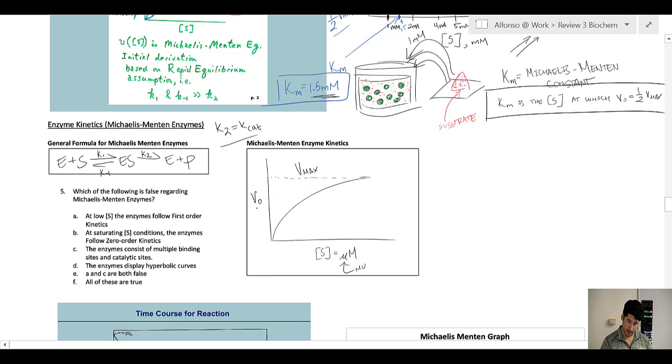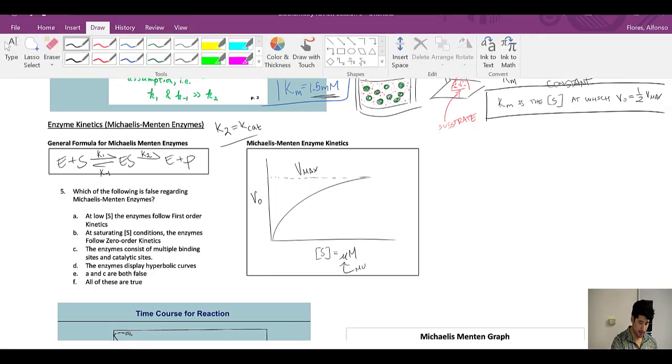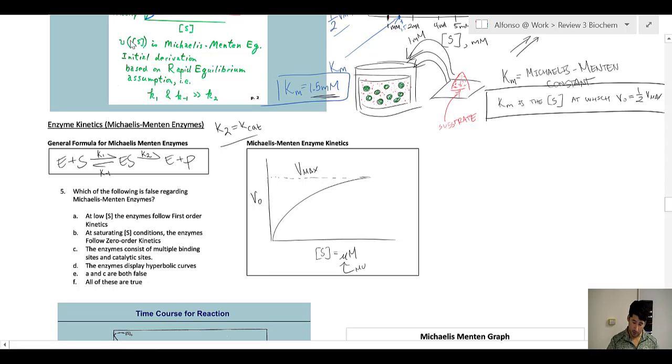All right, so we're going to go through some things that we didn't cover in the other graph. What you should know is that at low substrate concentrations, the graph follows first order kinetics.